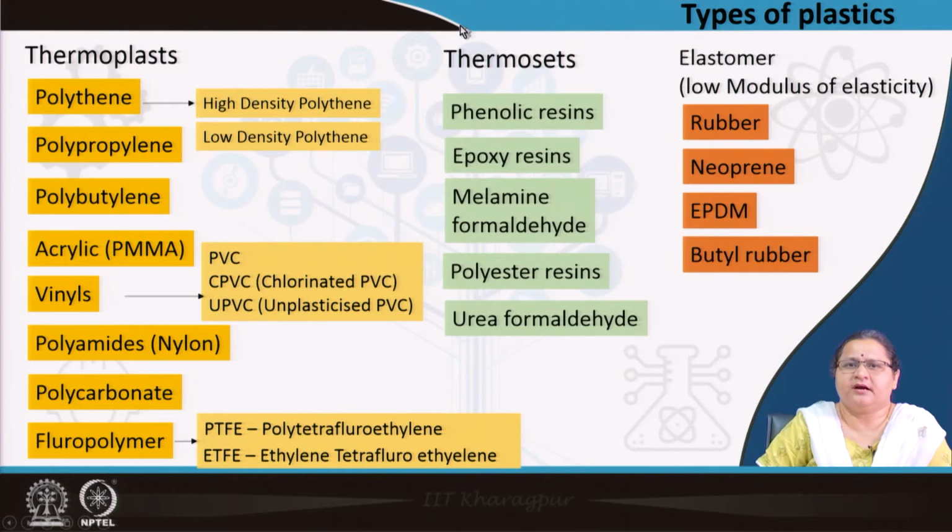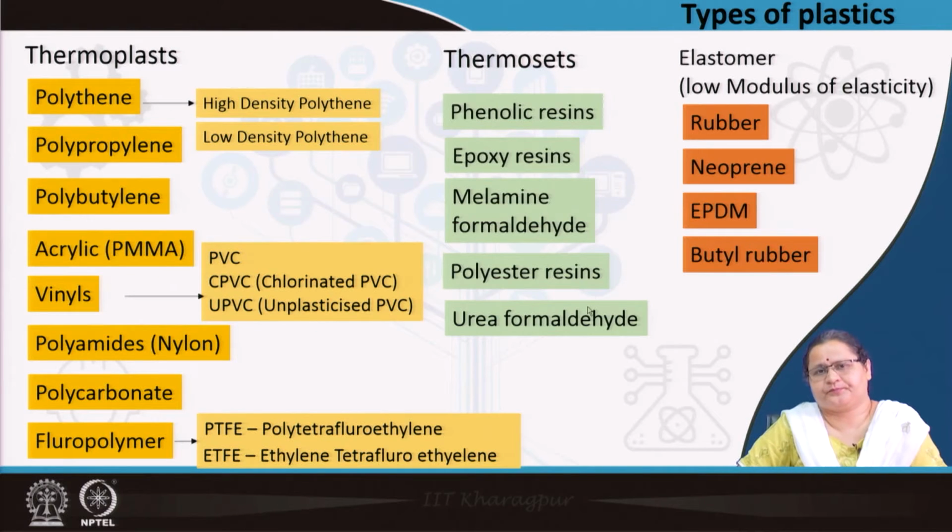Other is the thermosets. You see the resins, polyester resins, phenolic resins, epoxy resins, and the formaldehydes, melamine formaldehyde, urea formaldehyde. Where do we see these? These are all in adhesives. EPDM, where did we hear this term? When we were doing damp proofing.